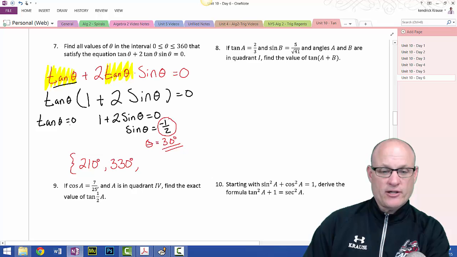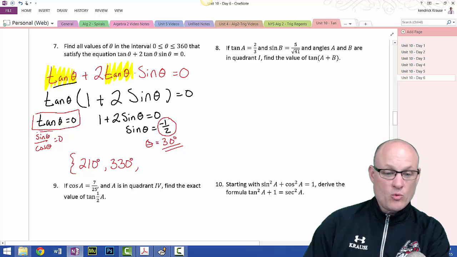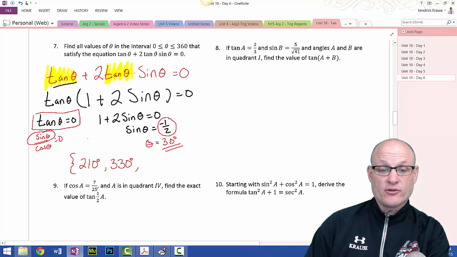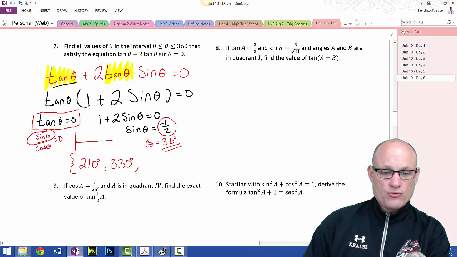Now this one's a little tricky. You can either memorize when tangent's equal to 0, or you can remember that tangent is really sine theta over cosine theta. And this is only equal to 0 when sine is equal to 0. So let's take a look at the sine graph. The sine graph looks like this.